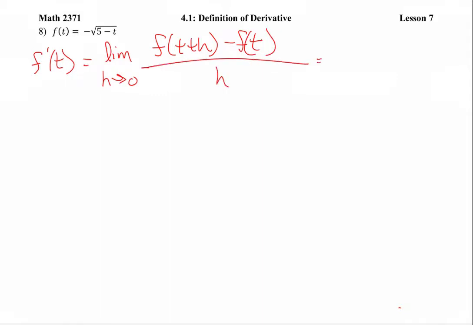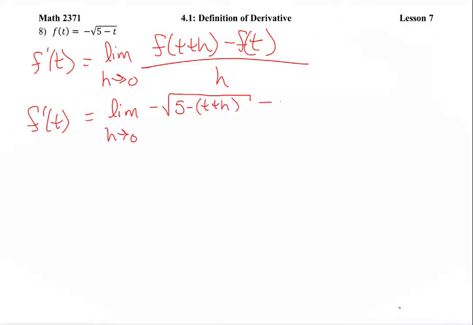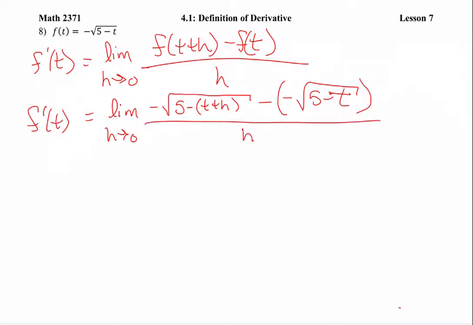So this equals the limit as h goes to 0 of minus the square root of 5 minus parentheses t plus h, minus parentheses minus the square root of 5 minus t, all over h. Okay, hold on, let me make sure I'm writing this correctly. All right?